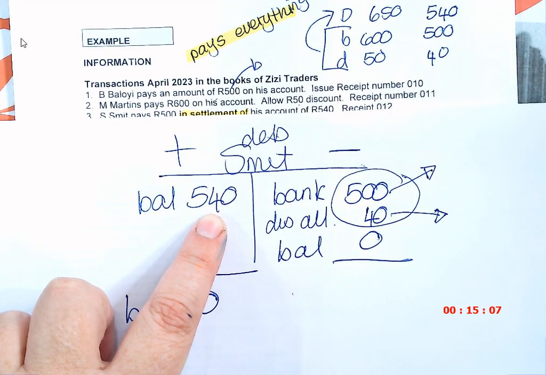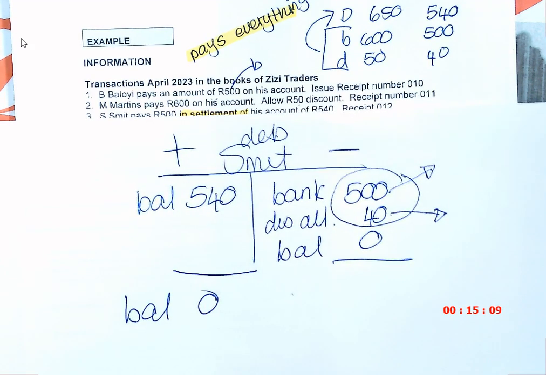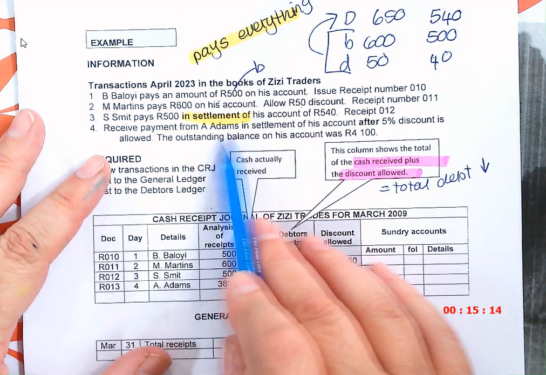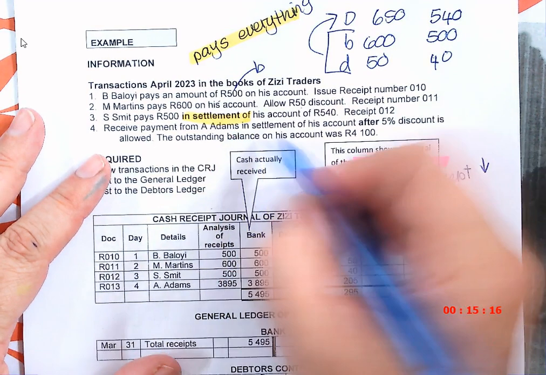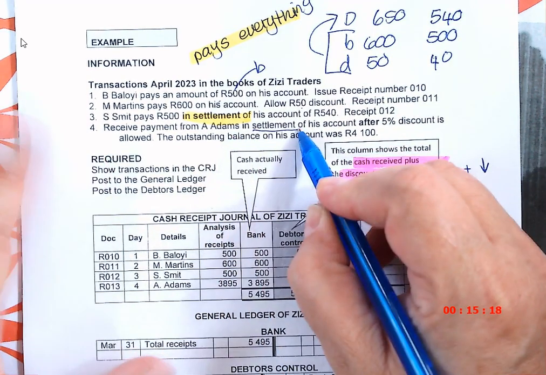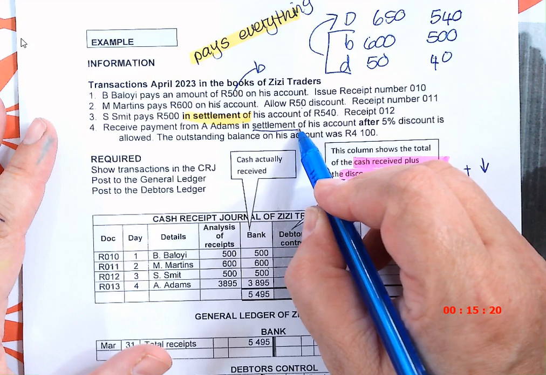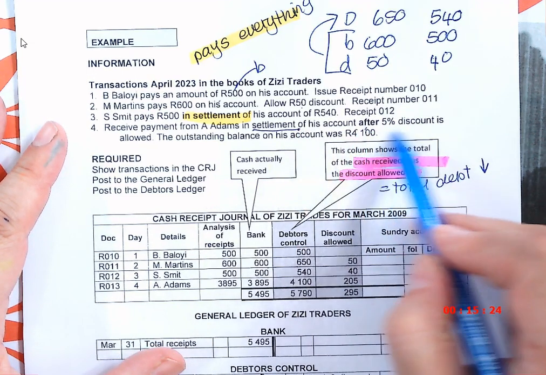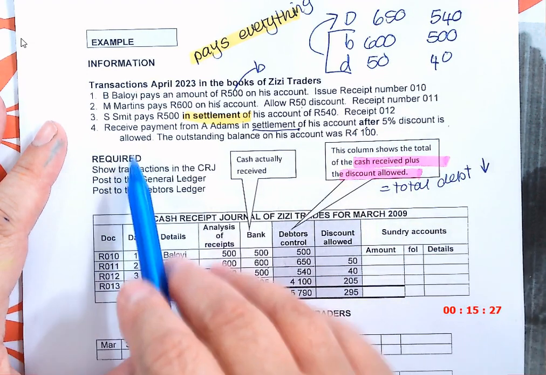Okay. Let's try another one. The other one says, receives a payment from Adams in settlement, there's the word again, meaning he owes me nothing after this transaction, of his account after 5% discount is allowed.